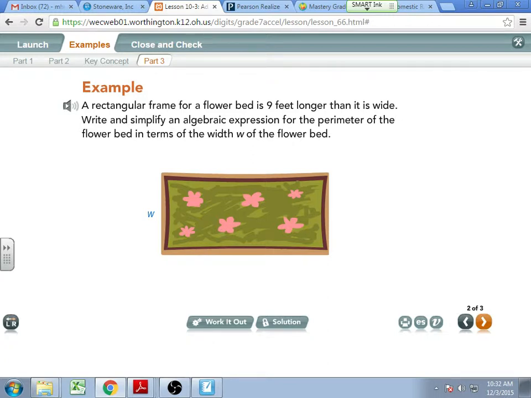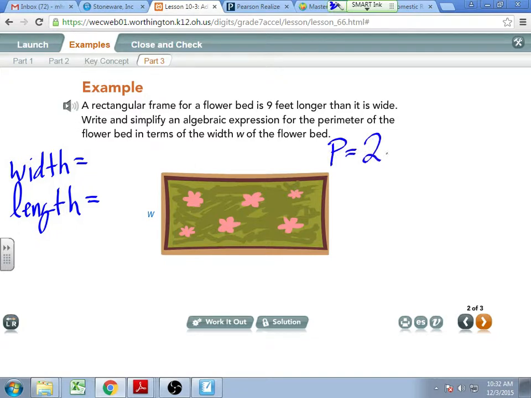So if I was you, I'd start with what is the length, what is the width. Perimeter is always, for a rectangle, 2L plus 2W.